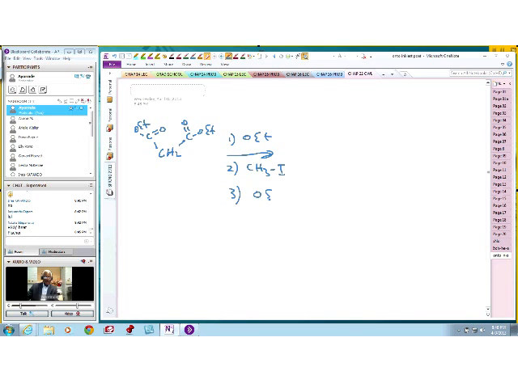Step 3, another ethoxide. Step 4, another alkylating agent. And then step 5, hydrolysis and heat. Okay, and then you could say step 6.